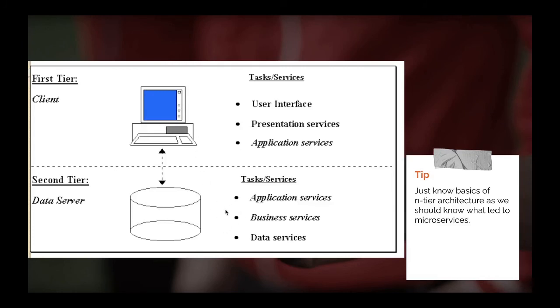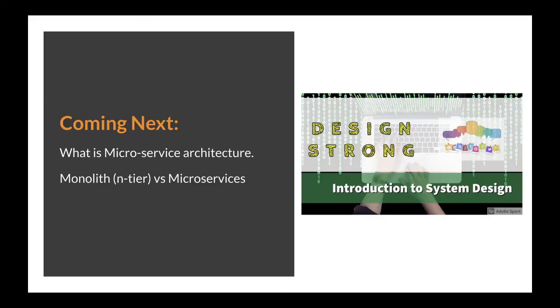This might sound very boring, but you have to understand that the problems the world had with two-tier and three-tier architecture are what led to a microservices based architecture. So understanding a bit of these helps in understanding why people went around discovering microservices.